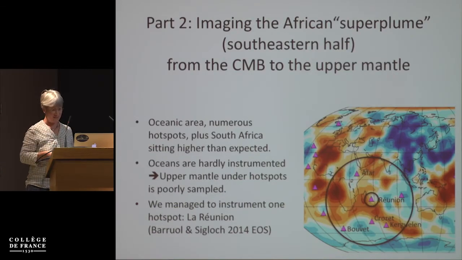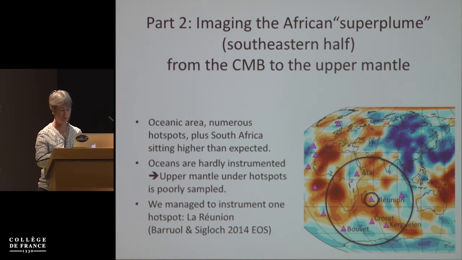So this is a hemispheric scale study, and we did it because we managed to instrument one oceanic hotspot. Usually you don't have resolution in the upper mantle because the ocean is not instrumented.